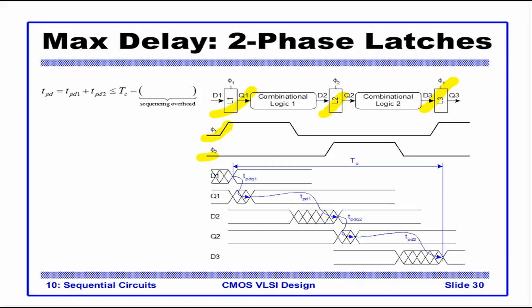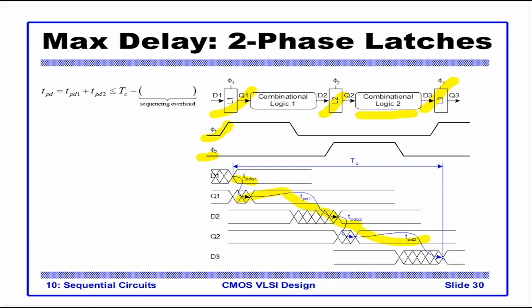Now let's say phi 1 goes active. So L1 becomes transparent, and data at Q1 changes after TPDQ. Data at D2 changes after TPD1. Now latch 2 becomes active, so there's TPDQ again for latch 2, and again you have TPD2 of combinational logic 2.